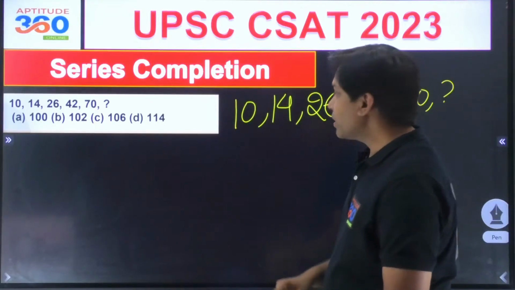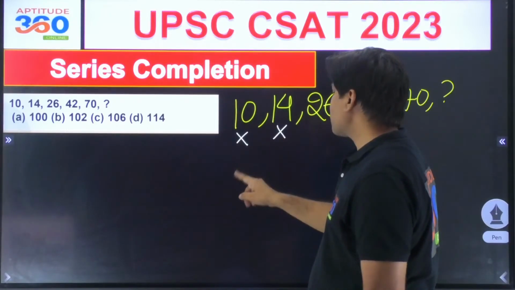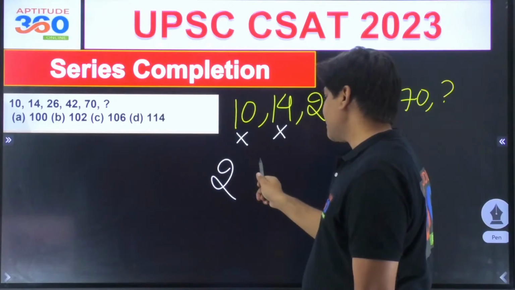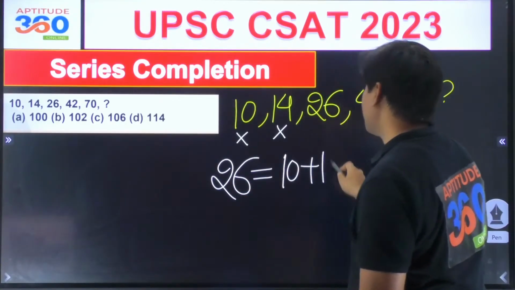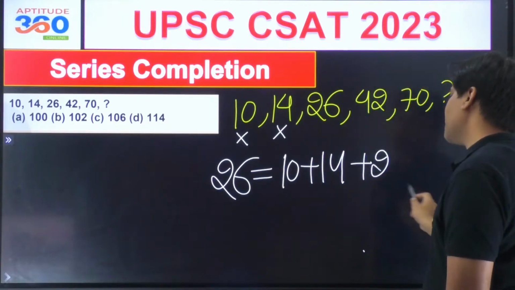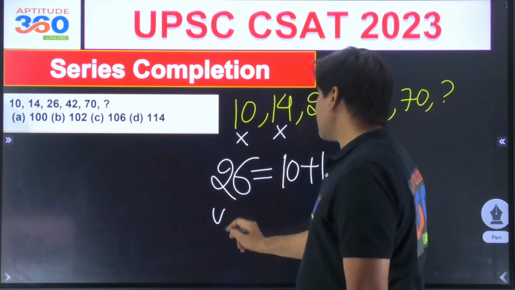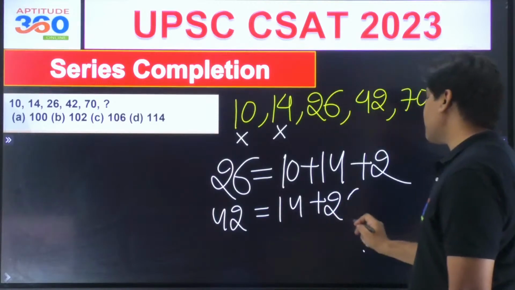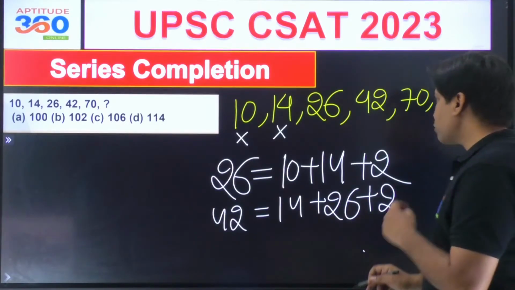What is happening out here? If you just leave these two, what did it tell you? The Fibonacci series. 26 is 10 plus 14 plus 2, sum of the previous two plus 2, and then 42 is going to be 14 plus 26, the sum of previous two terms, which is coming out as 40 plus 2 is 42.